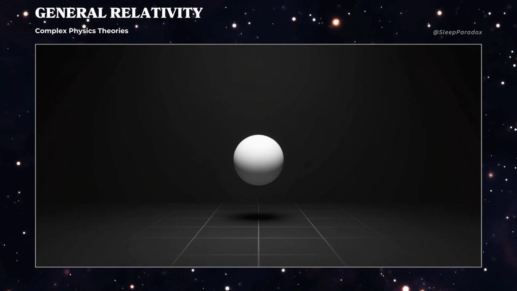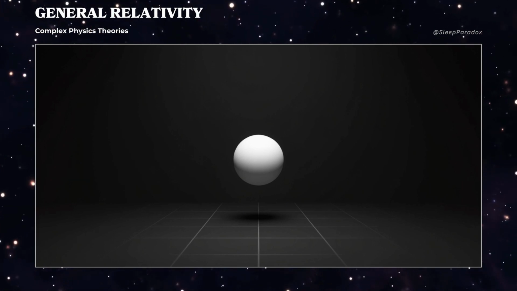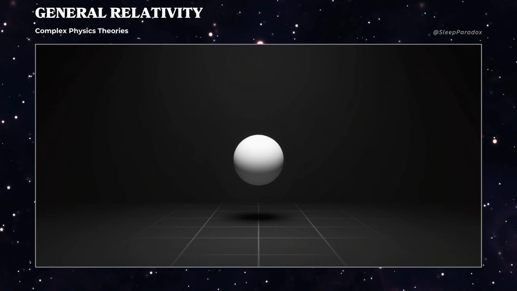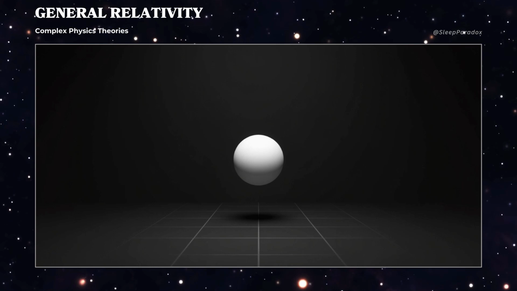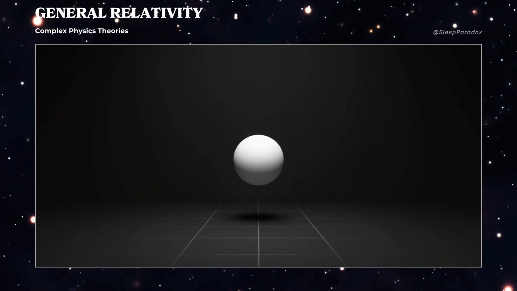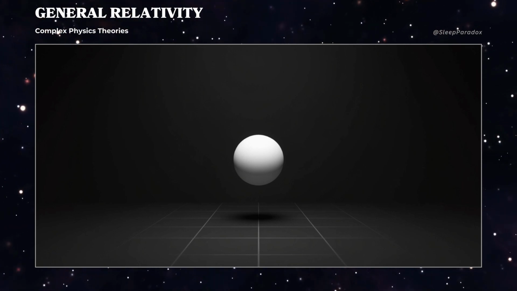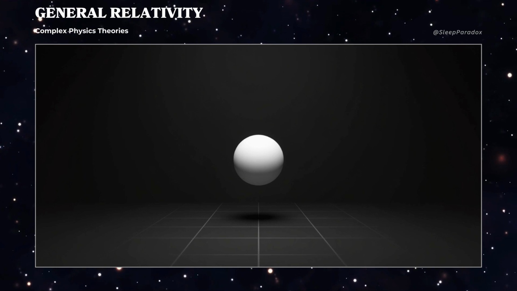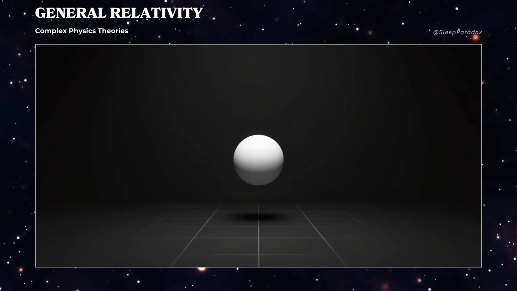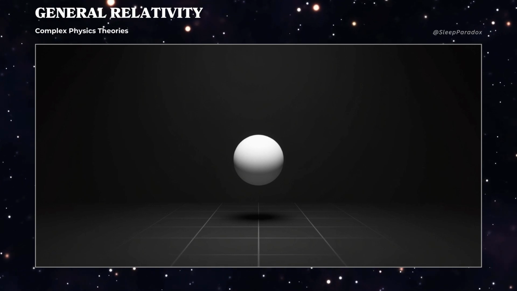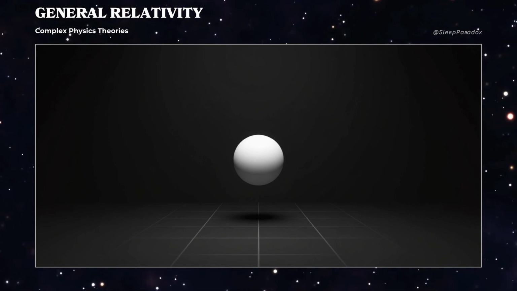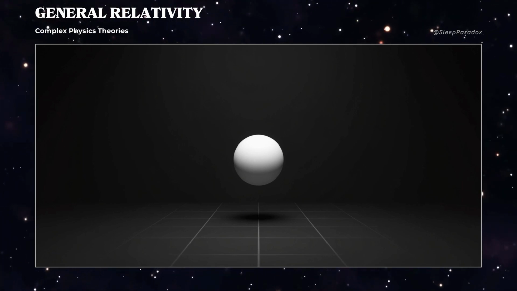This theory has passed every experimental test to date, from bending starlight to shifting planetary orbits, from slowing time near black holes to guiding spacecraft across the solar system. General relativity continues to shape our understanding of the universe. It is one of the greatest achievements in physics, a theory that explains the motion of planets, the dynamics of stars, and the structure of the cosmos.